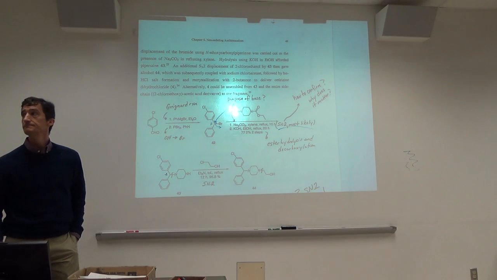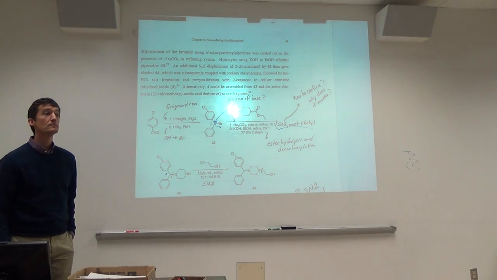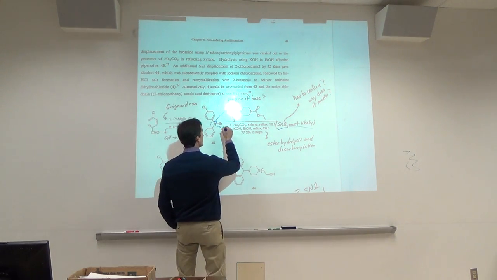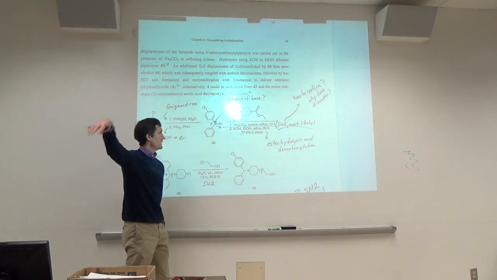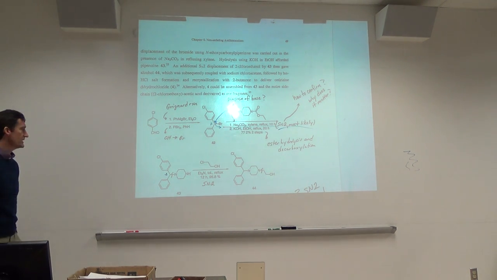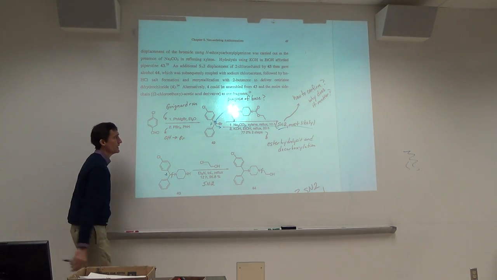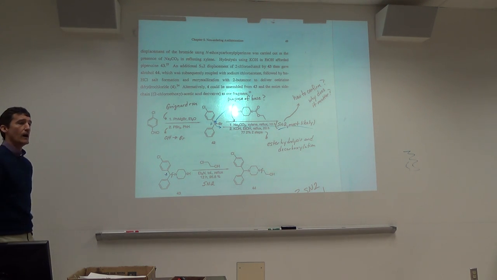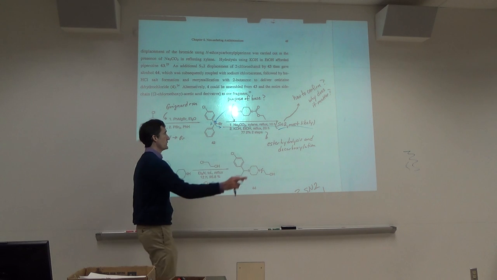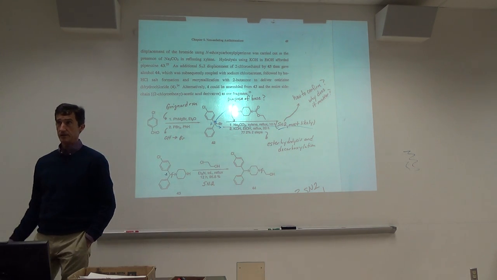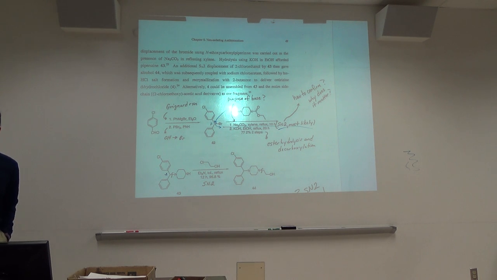What's another way? We have a small KOH. No, KOH is the second step. That takes place next year. The first step is the SN2. The second step removes the ester group over here. I thought you were going to say you have a strong nucleophile. Strong nucleophile is going to do what?